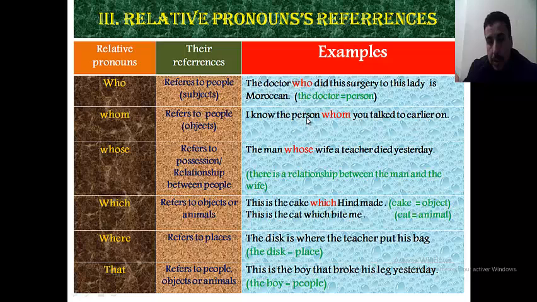But this person is an object, not a subject like this one. Now we have whose. It refers to possession or relationship between people, meaning the relationship or ownership, someone owning something, or the relationship between people, persons that possess something.